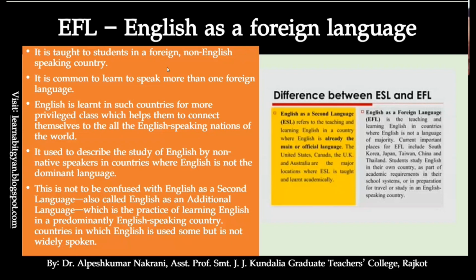Now, English as a second language refers to the teaching and learning of English in a country where English is already an official language or one of the main languages. The United States of America, Canada, UK, Australia are countries where English is already an official language and it is used in the country.